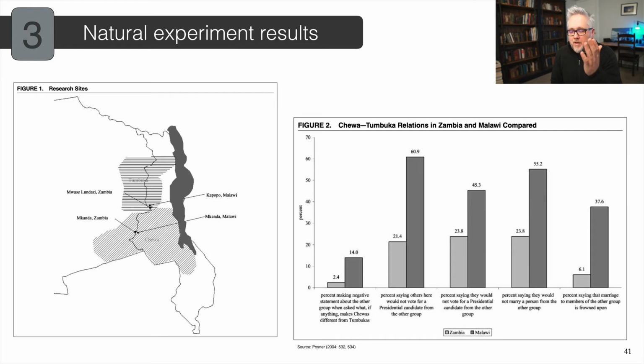This natural experiment would be the border separating these people, and looking at how the relations between these two ethnic groups and their political salience was really dramatically different in Zambia and Malawi. And the argument is because everything else is equal, the language that they speak, the colonial education that they have, he runs through a whole list of other potential confounding effects and explains why they're not relevant.